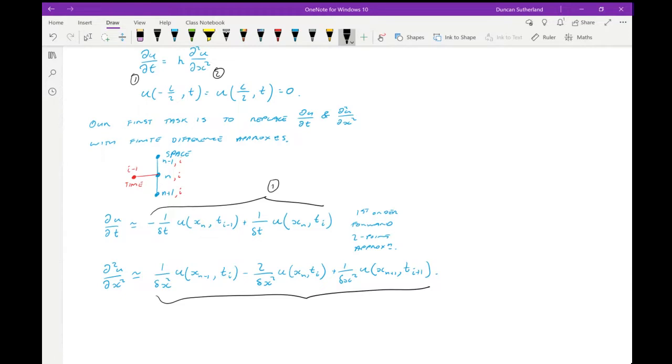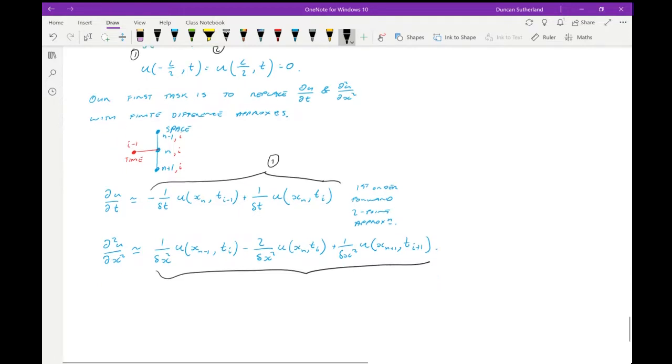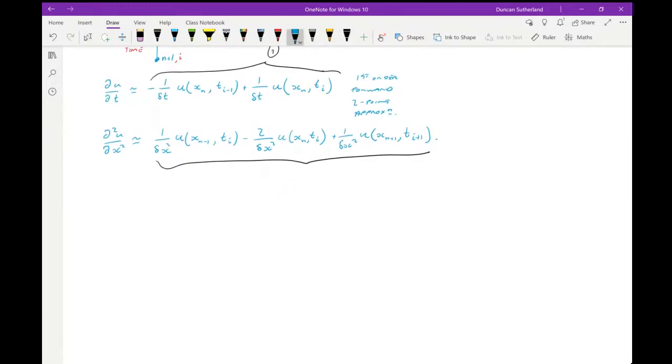It's merely tedious, and we have to be very careful copying all the bits and pieces.